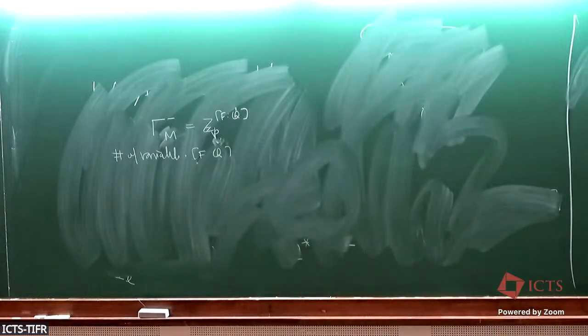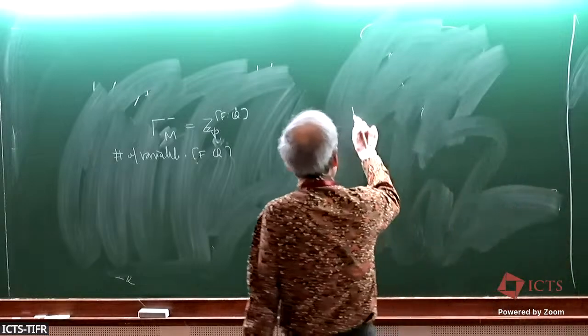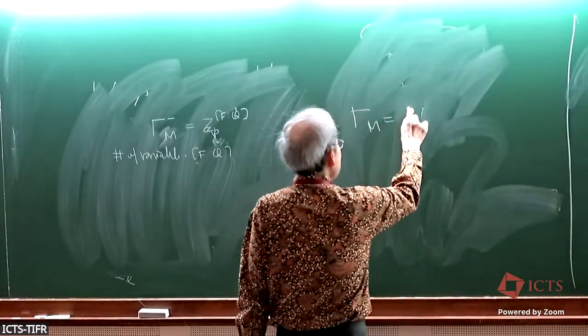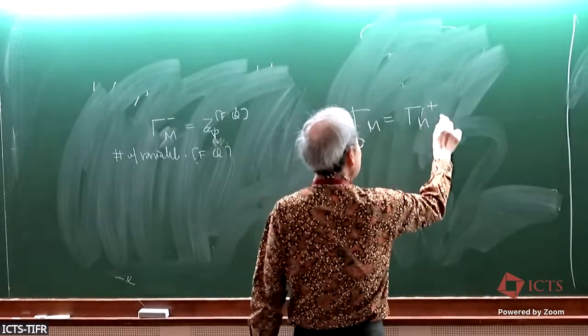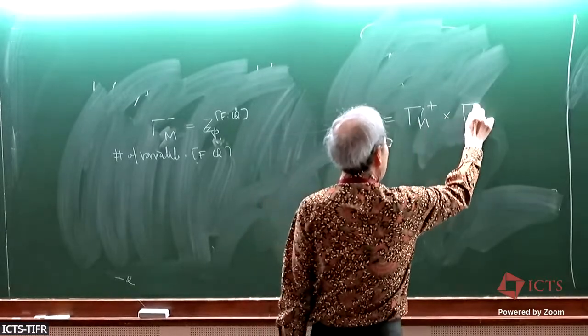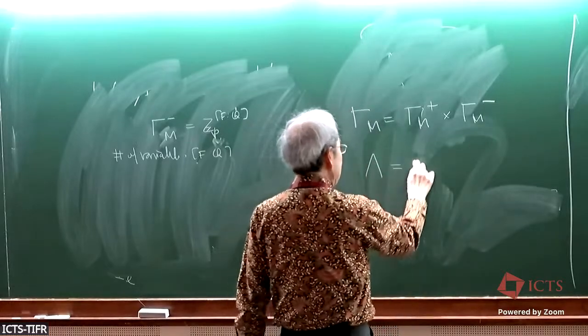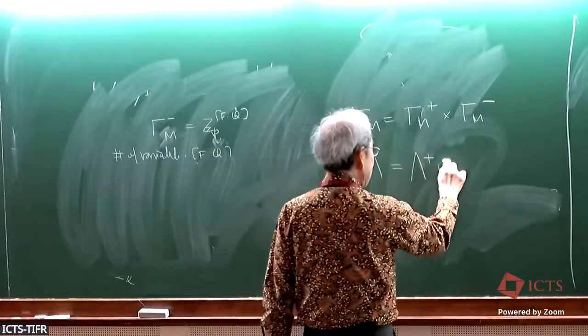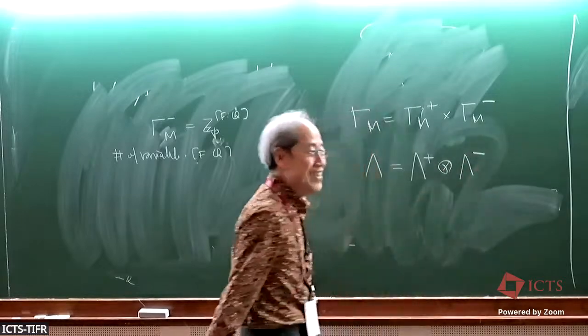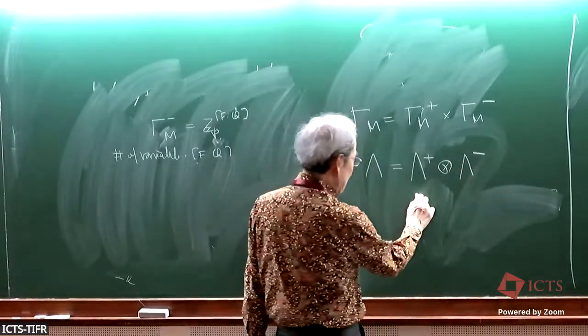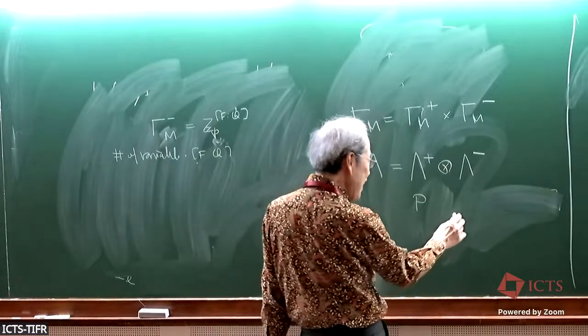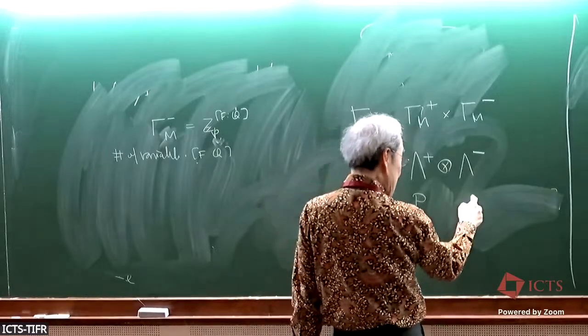However, I missed that gamma M is actually gamma M plus and gamma M minus. So the Iwasawa algebra Lambda is the Lambda plus guy tensor the Lambda minus guy, right? So I pick a point P here, and then I move the variable here.